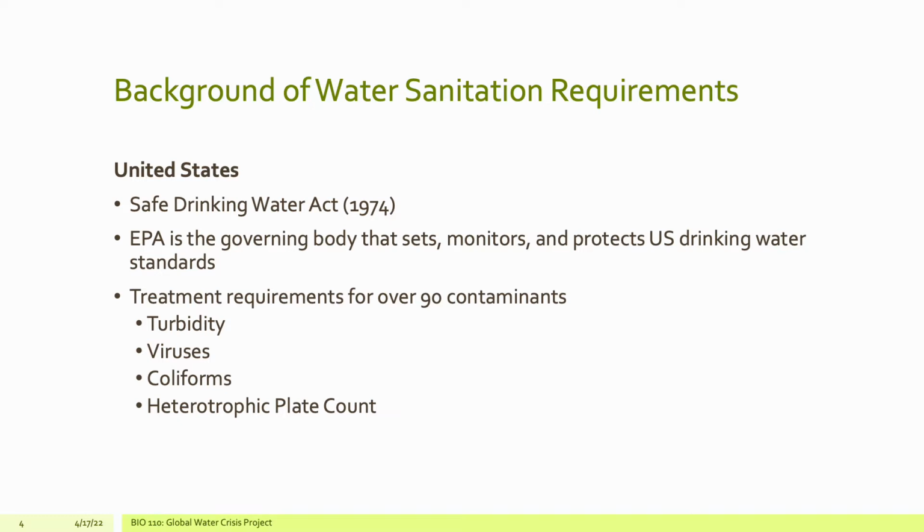The EPA is the governing body over that. And the treatment requirements are for over 90 contaminants. Obviously, with time restraints, I can't list all 90, but some of them are turbidity, checks for viruses, coliform, and heterotrophic plate count.